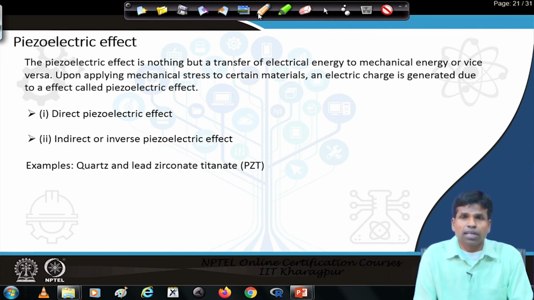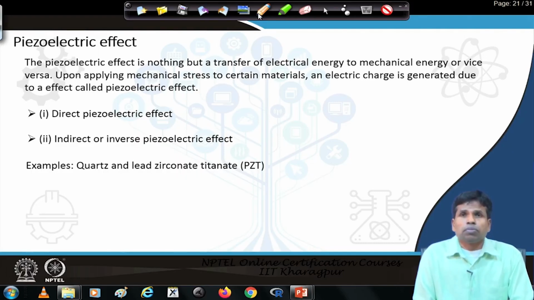Just having a little piezoelectric effect may not be enough. If the effect is strong enough, then only it can be used for practical use. In that sense, PZT has a quite strong effect and is used in many practical applications.